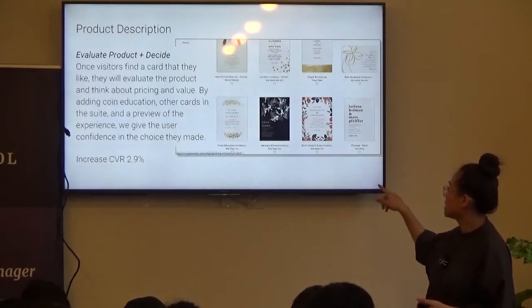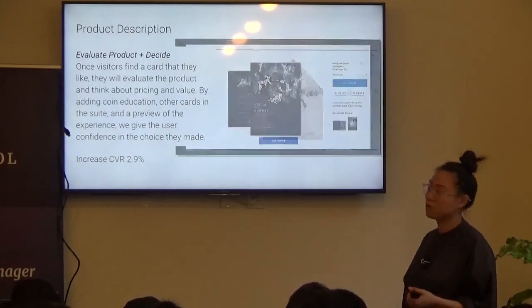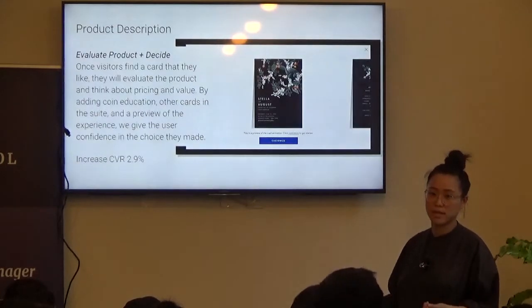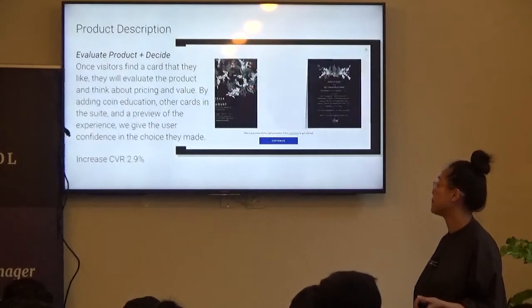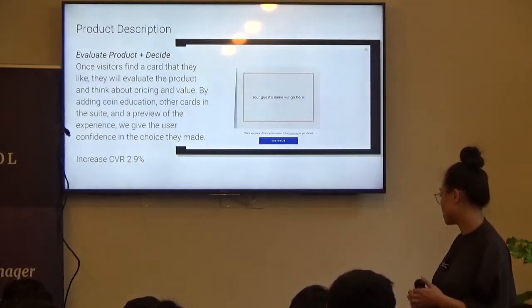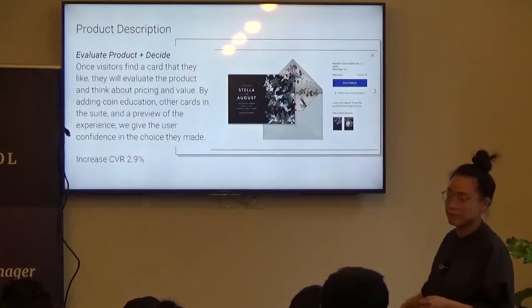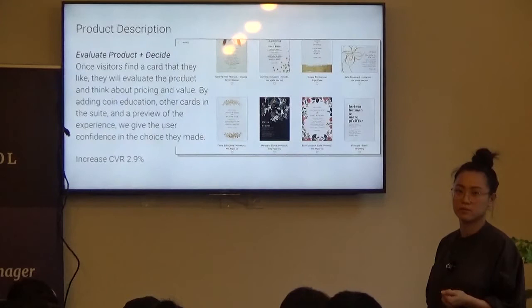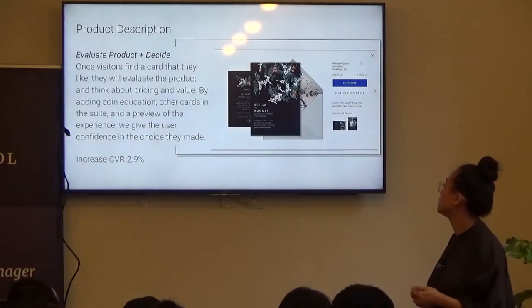So when you click into a card that you like, you can see other matching designs, and you can preview the card and the animation, and this is what actually got people to click customize. And we also stripped out a lot of information except for pricing information, because that's what people are interested in at that moment.